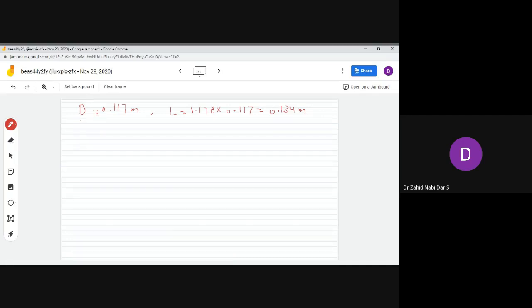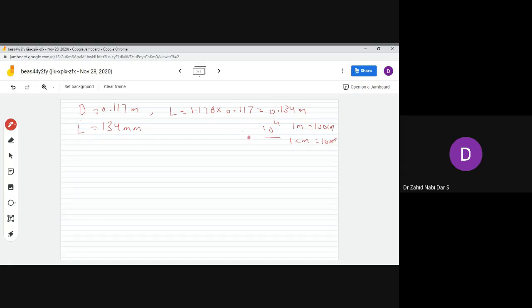In terms of millimeter, it would be around 134 millimeter, because we have to multiply it by 10 power 3. 1 meter would be equal to 100 centimeter and 1 centimeter is 10 millimeter.